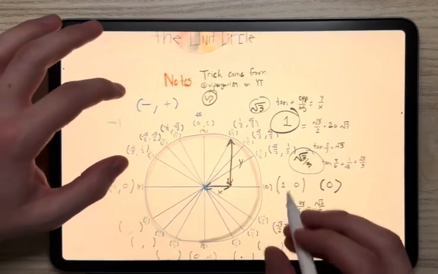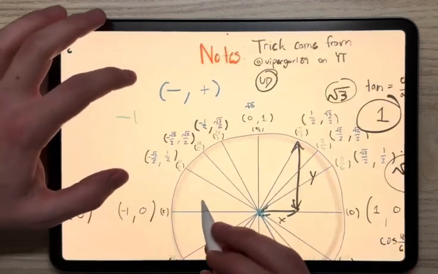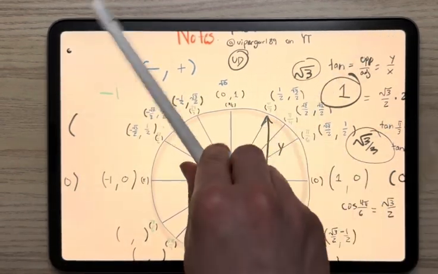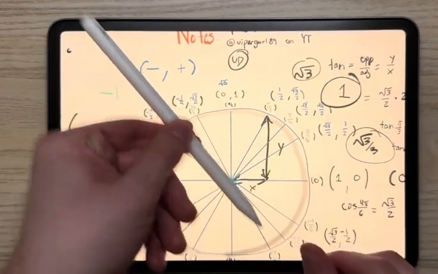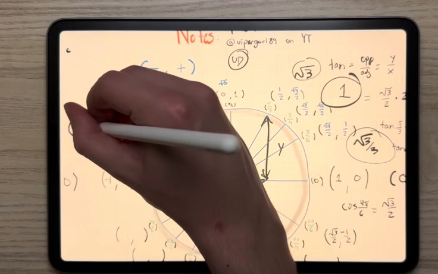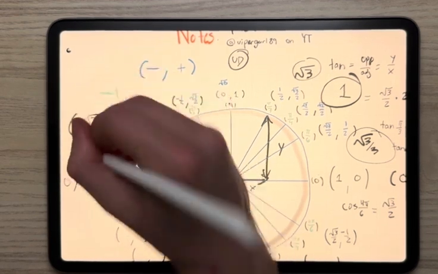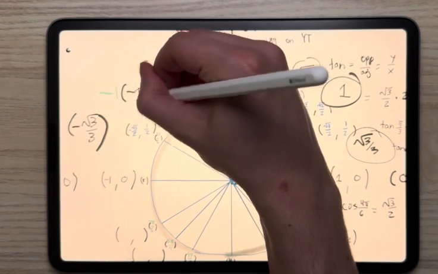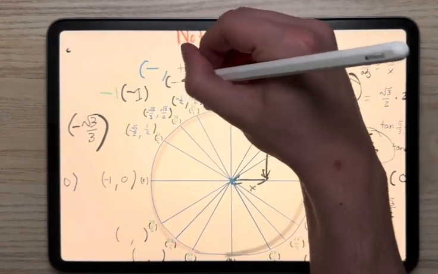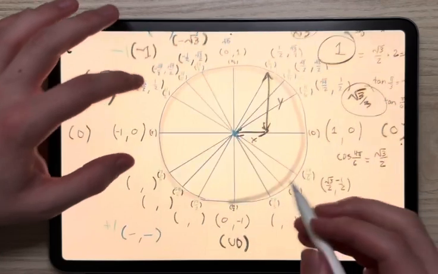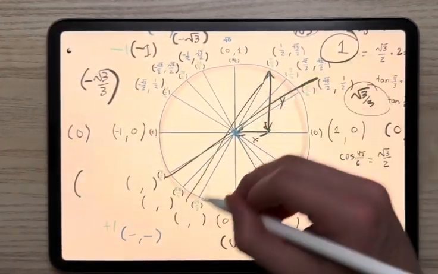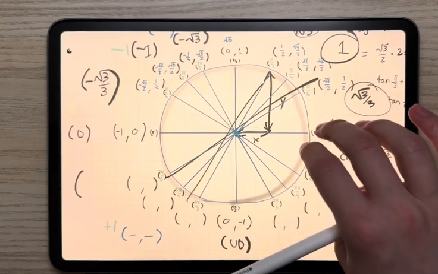And now, for the tangents of these, you just do the negative again, because it's flipped this way, so now the slope is facing down. So it's the same value, but just negative. And this is going to be negative 1, and this is going to be negative root 3. And then this coordinate has the same slope as these lines. These are also positive.